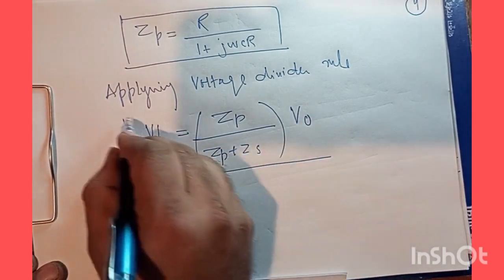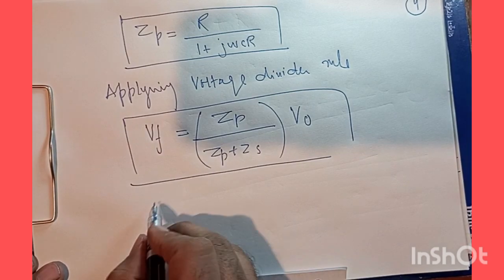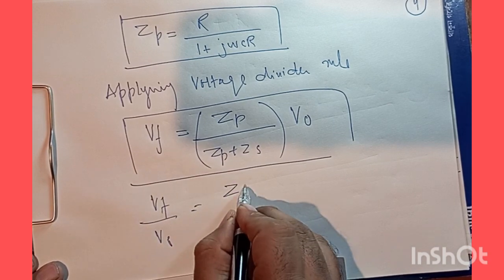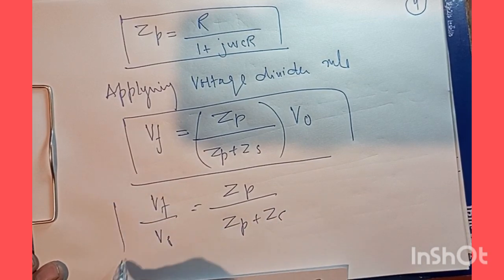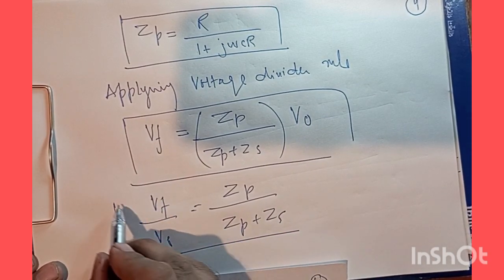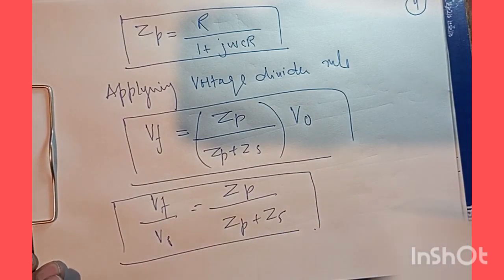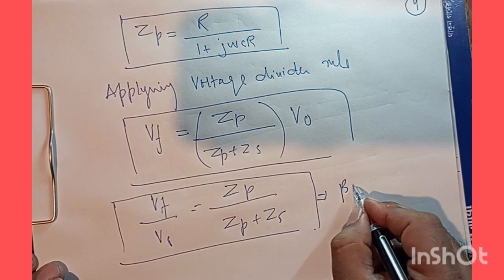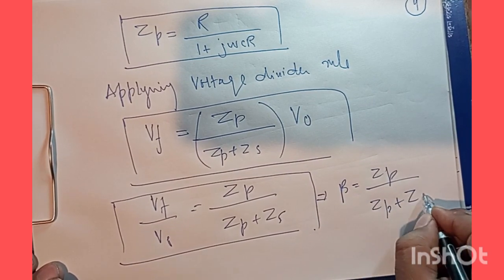This should be the case, right? Now all we have to do is write this VF by V out as ZP upon ZP plus ZS. Let's assume this VF by V out is equal to beta. So this implies that beta is ZP divided by ZP plus ZS.